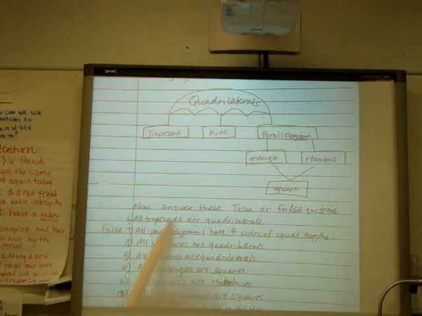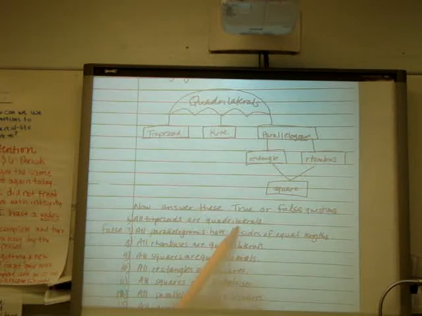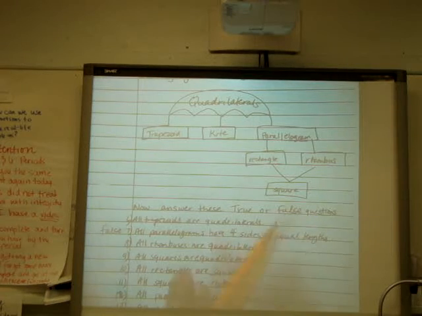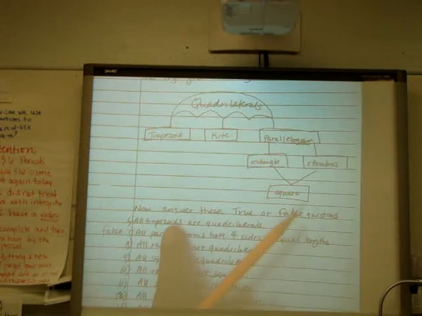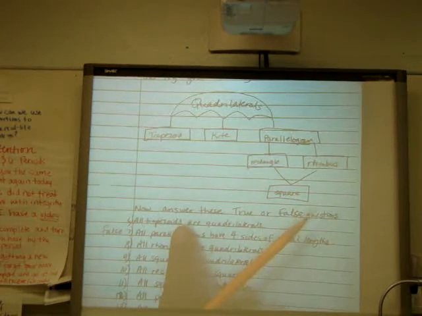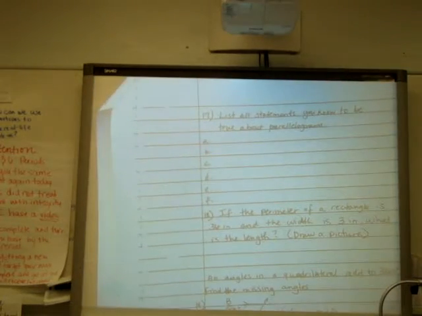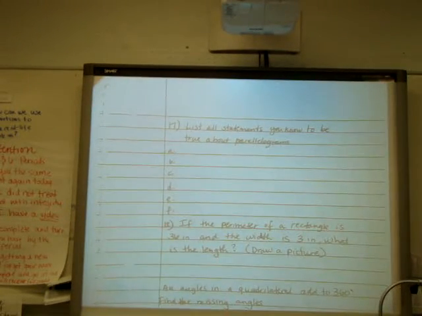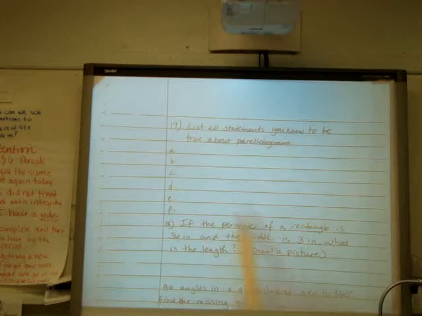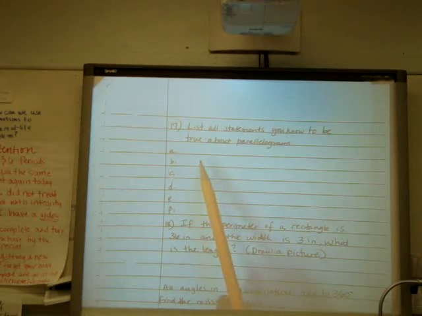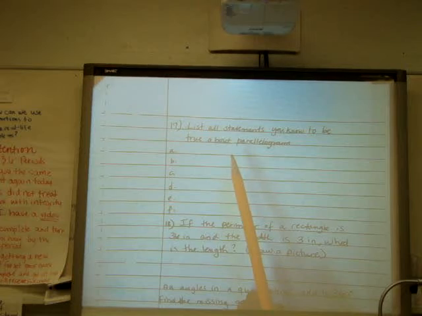All right, so all trapezoids are quadrilaterals. What is a quadrilateral? A quadrilateral is a 4-sided figure. Is a trapezoid a 4-sided figure? If that's something that you said yes to, then you will put the answer there. This right here, you may have to Google in order to figure out what all of these properties are, but I'm curious as to whether or not you were listening to some of the rules.